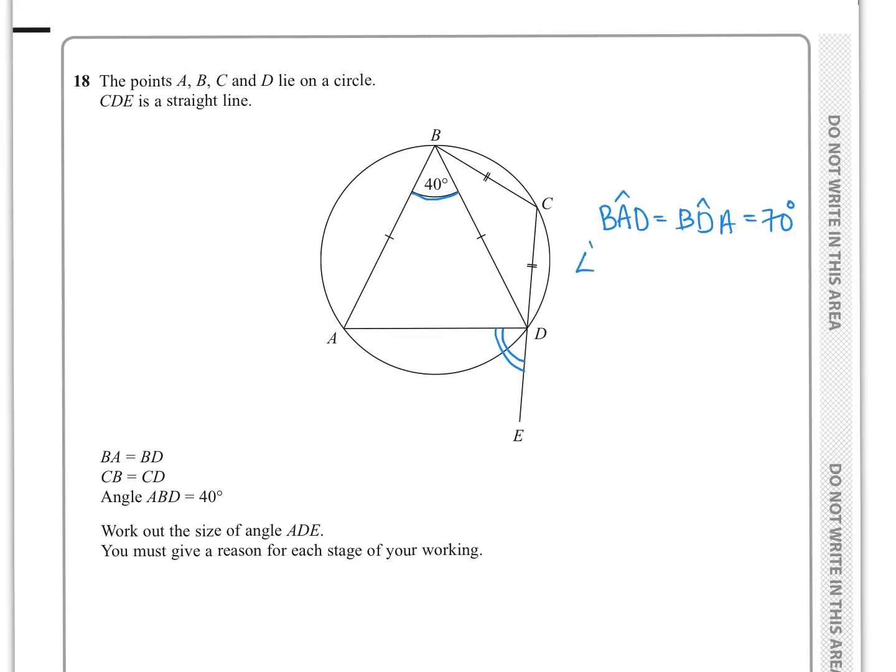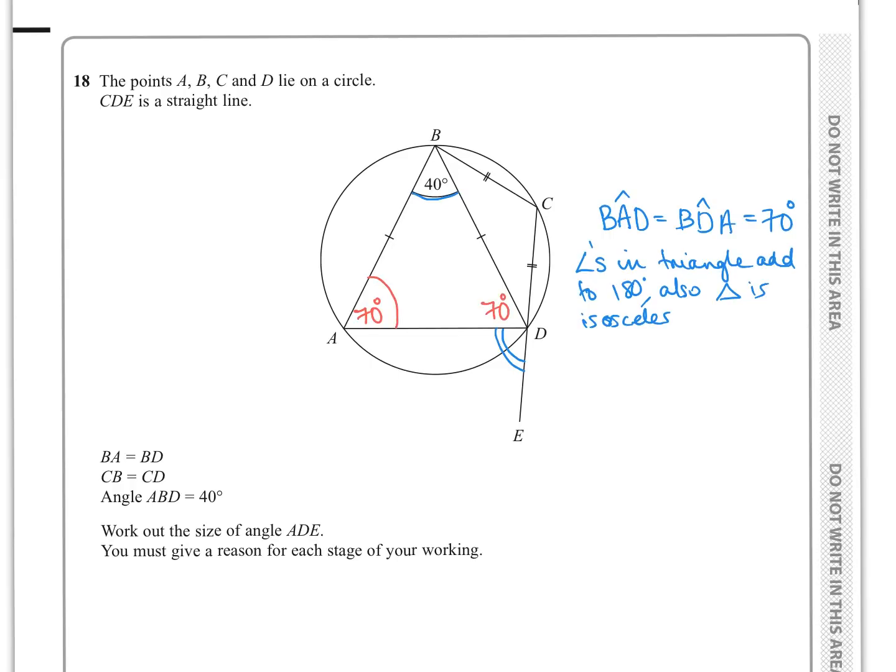So I'm going to say the reason is angles in a triangle add to 180, and also the triangle is isosceles. That's why we said the base angles are both the same. The second thing we can say is, once we've got these in, so let's mark them in, they're both 70.